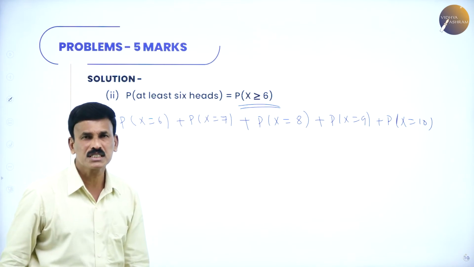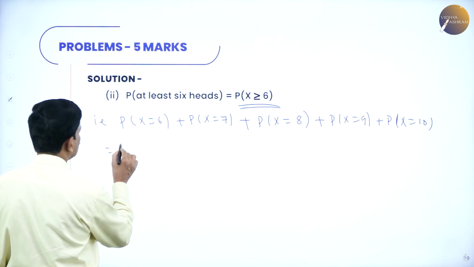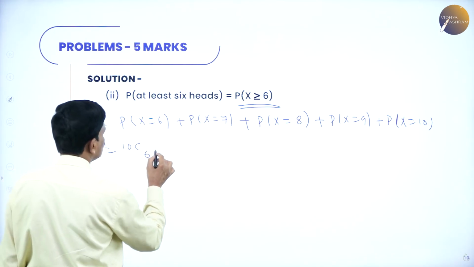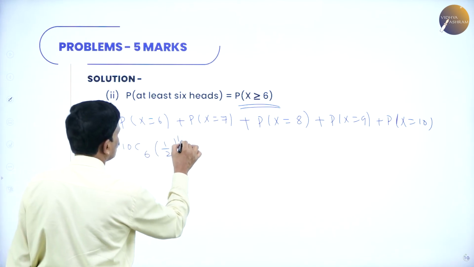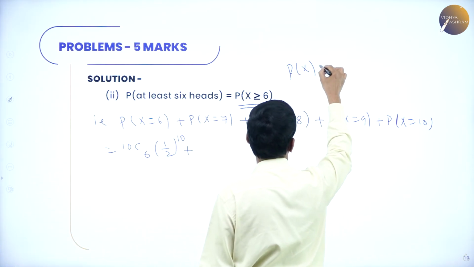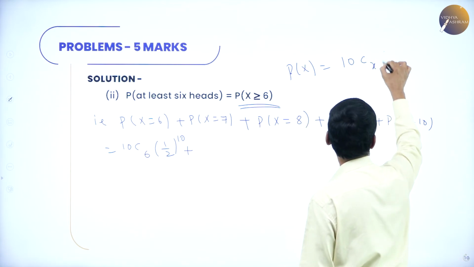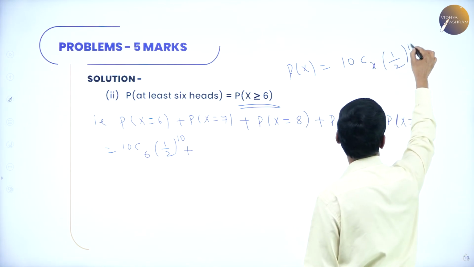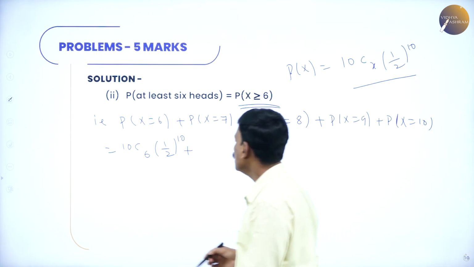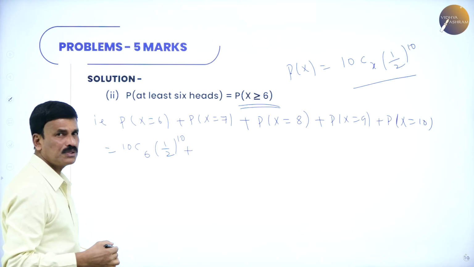Substitute the values and simplify, you will get the answer. That's it. Now when x is equal to 6, we will get 10C6 into (1/2)^10, because what is the formula here? P of x is equal to 10Cx into (1/2)^10. When x is equal to 6, 10C6 (1/2)^10.